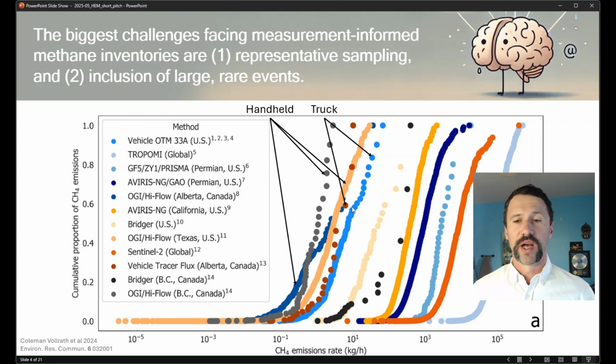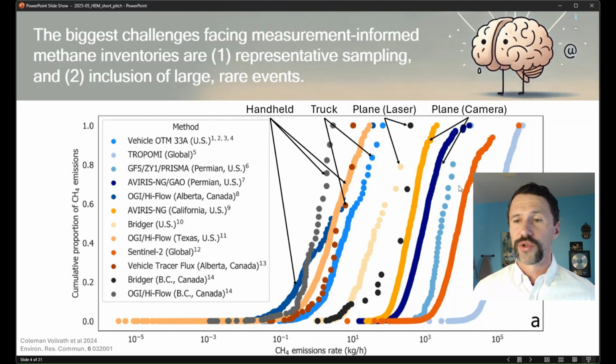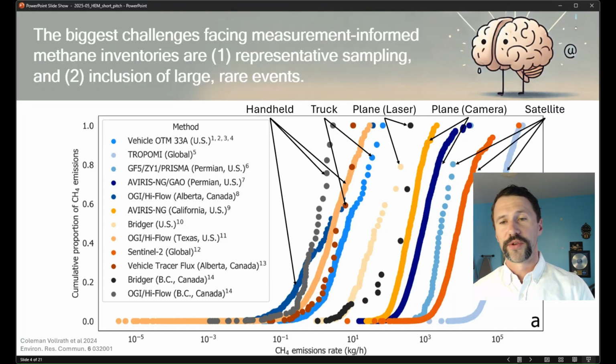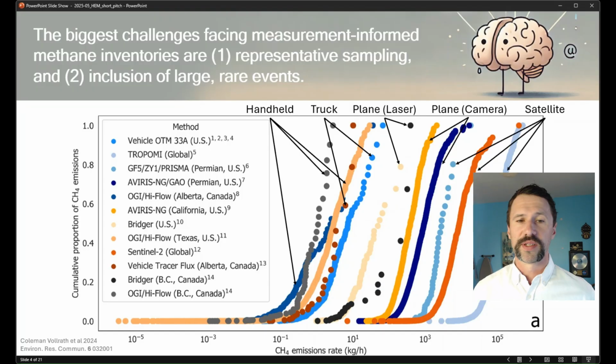The next two lines are all vehicle-based measurement technologies. The next are aerial LiDAR, specifically Bridger, the leader in that space. The next two are hyperspectral imaging cameras, also mounted to planes. And then the top three with the highest emission rates are all satellites.